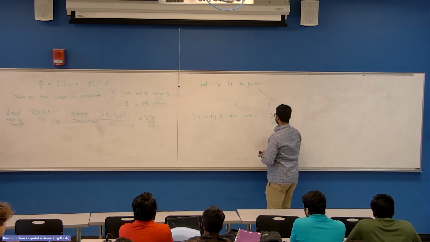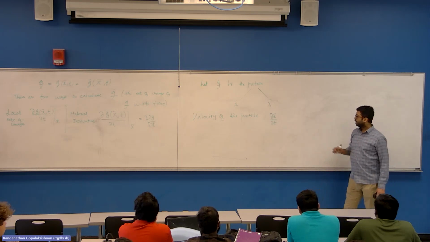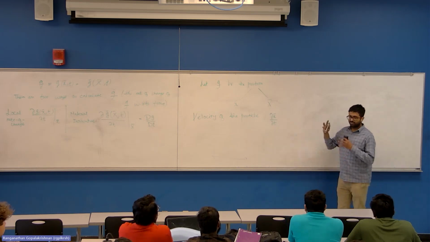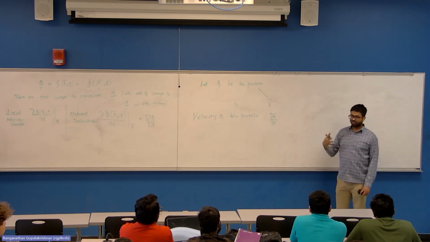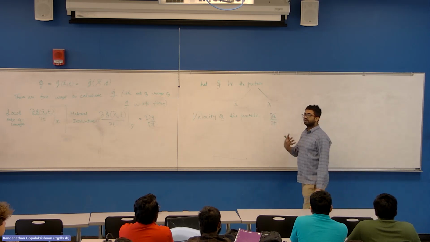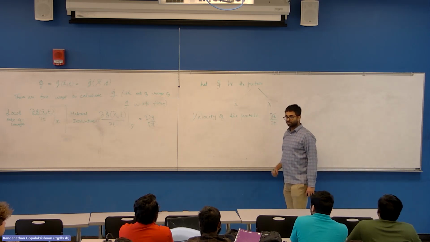Velocity is the rate of change of position with respect to time, and in which frame is this the correct velocity? Is this in the material frame or in the spatial frame?